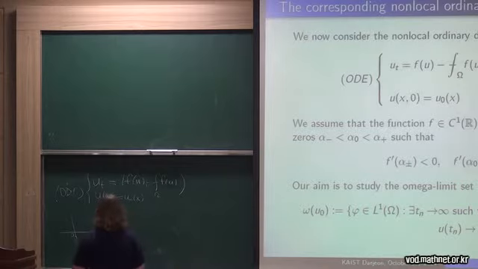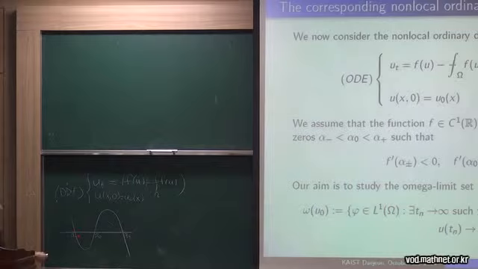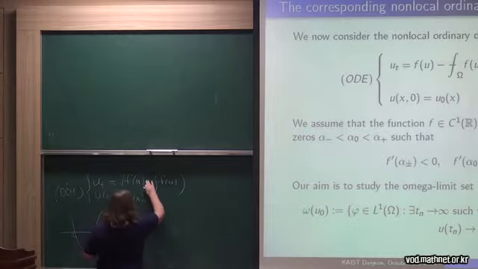Here you see that f prime will be strictly negative at A minus and A plus, and these will be stable zeros, whereas f prime of A naught will be positive, and this will be an unstable zero for such an ODE.